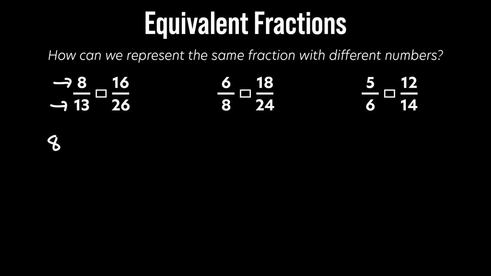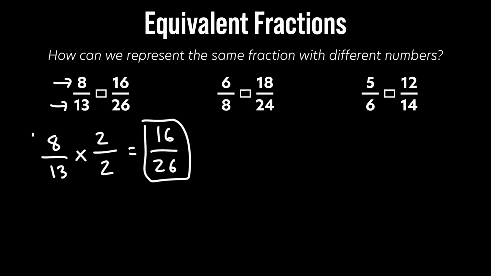So if we took the fraction 8/13 and multiplied it by 2/2, this would be equal to 16/26. And so that proves that they're the same value. Because again, multiplying by 2/2 is the same as multiplying by 1. And multiplying by 1 does not change the value of the fraction.